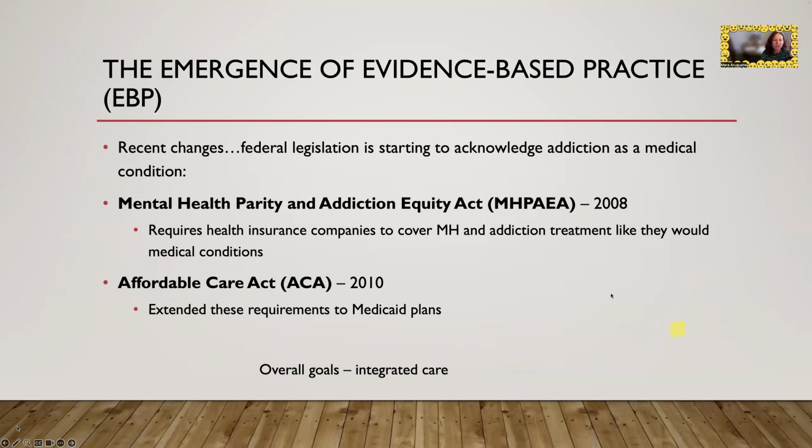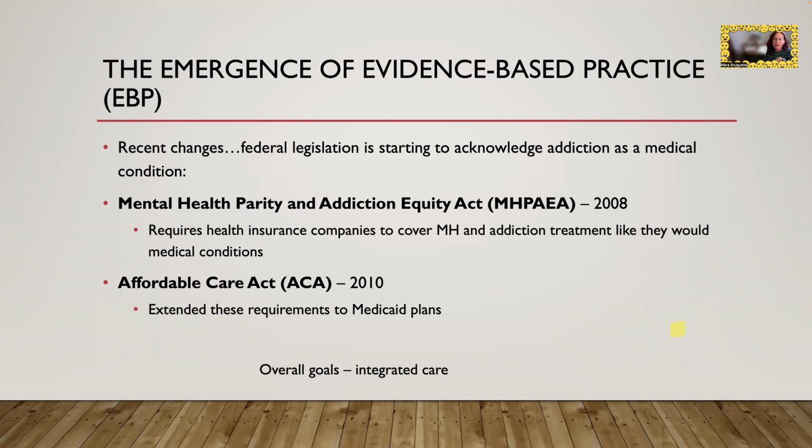Okay, so how did evidence-based practice actually emerge? It has to do a lot with federal legislation that basically said, even though we've known forever and people have treated addiction as a disease forever, still it was so separated out from the medical field, and many of the addiction providers were not even educated in a typical psychological mental health fashion, much less a medical fashion.